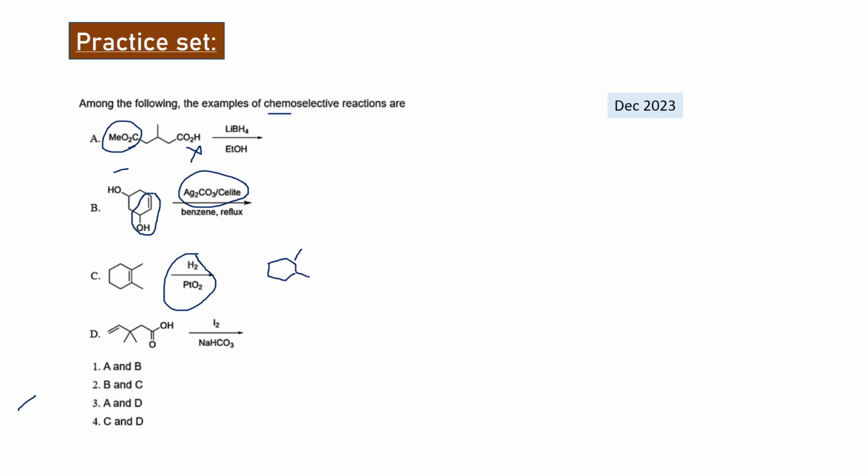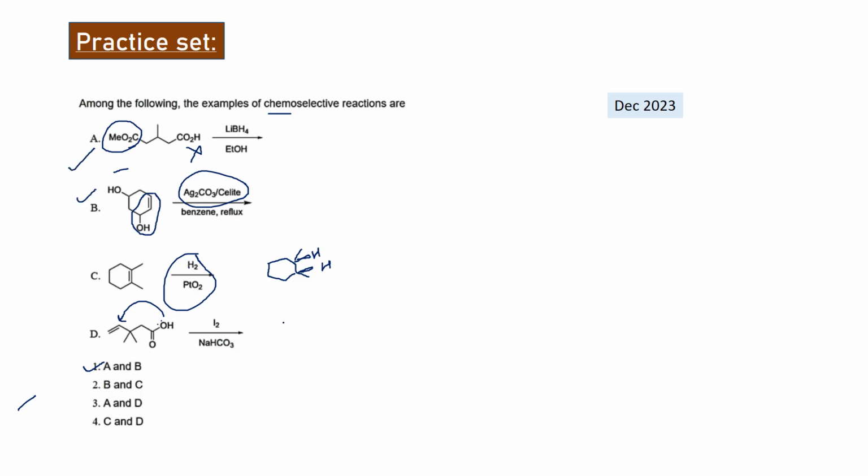So this is not a chemoselective reaction; this is actually a stereoselective reaction. In this case, the iodination will take place here and this will attack. So this is also a regioselective reaction, not a chemoselective one. So the correct options are A and B.